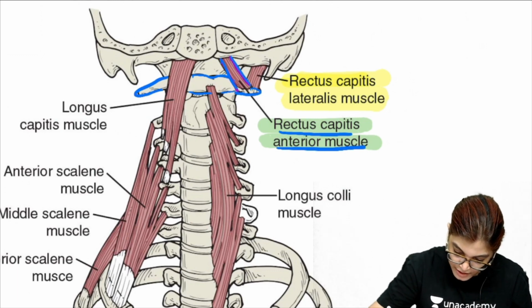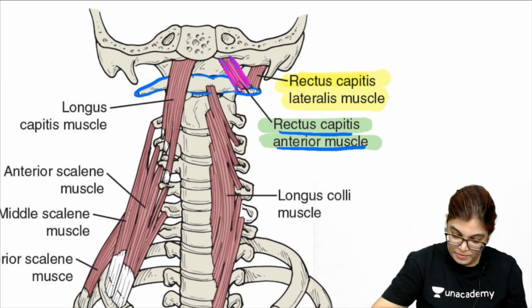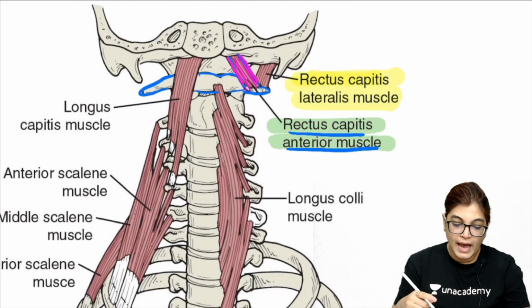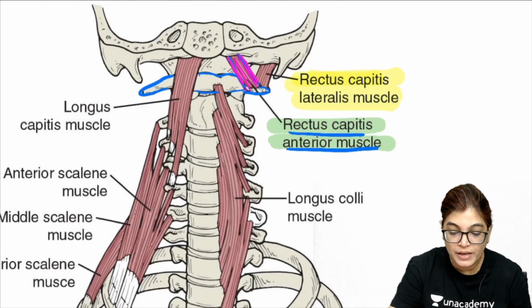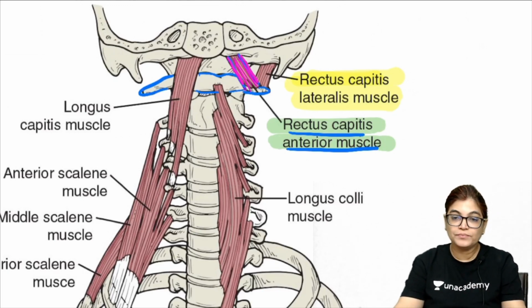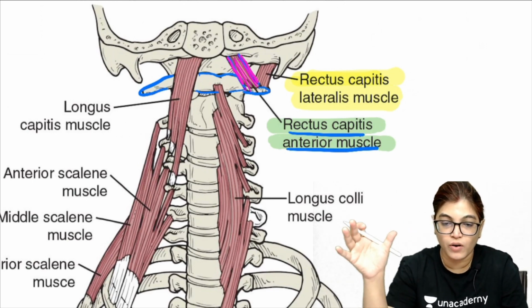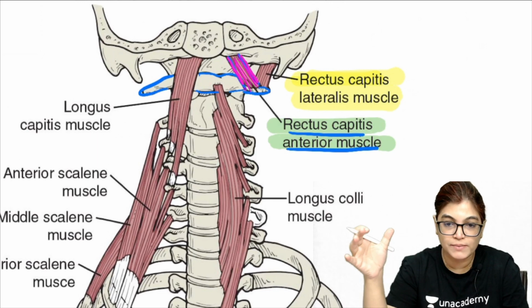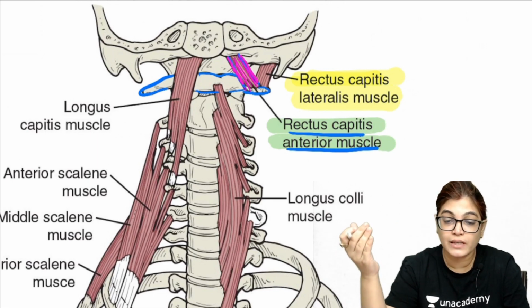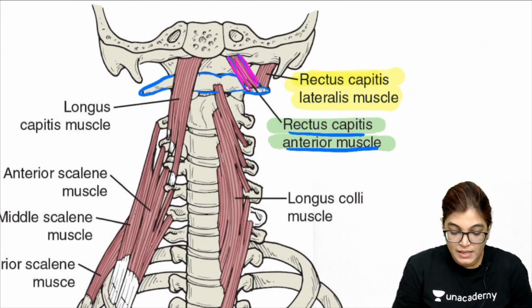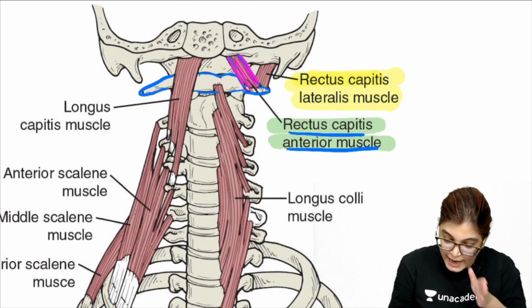With pink color I am highlighting this muscle. It passes upward and is inserted onto the inferior aspect of the basi-occiput, just in front of the occipital condyle.